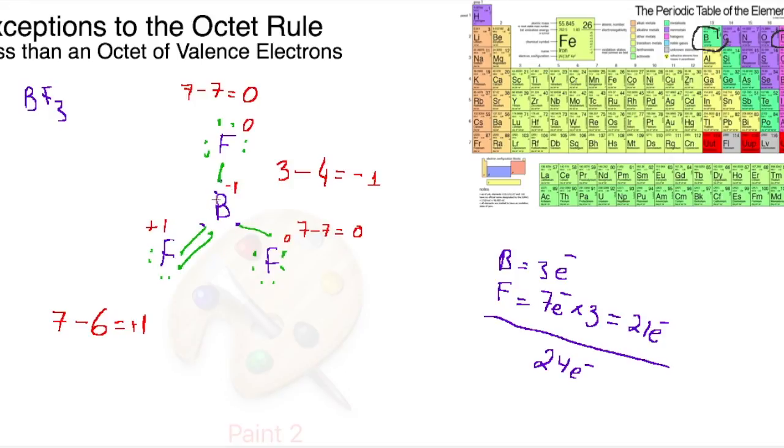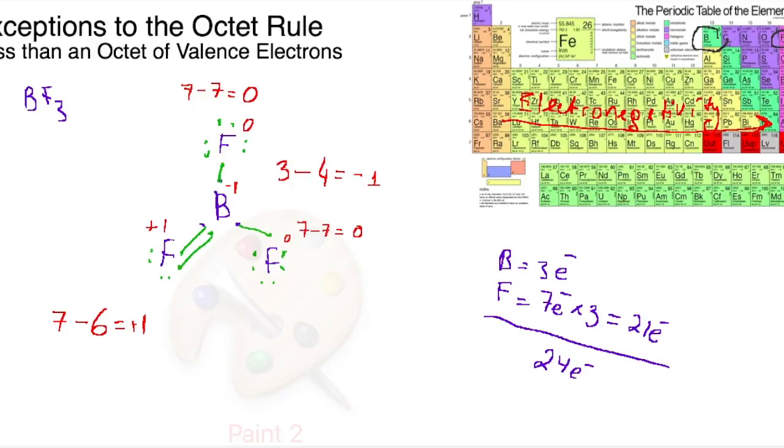So now let's look at the electronegativity rule. Electronegativity goes up as we move across the period, okay? As you see, it's going up.